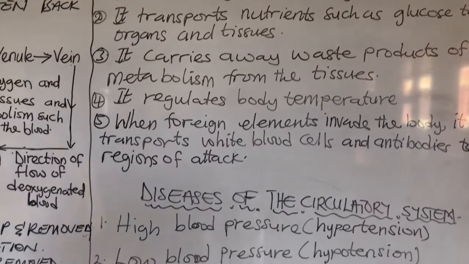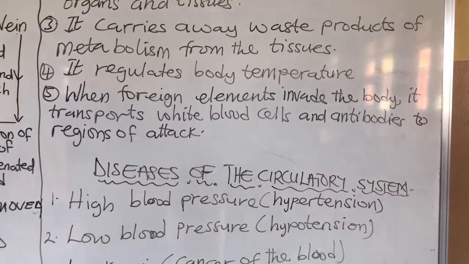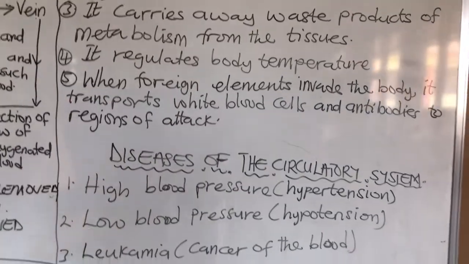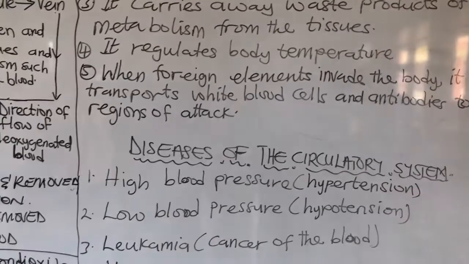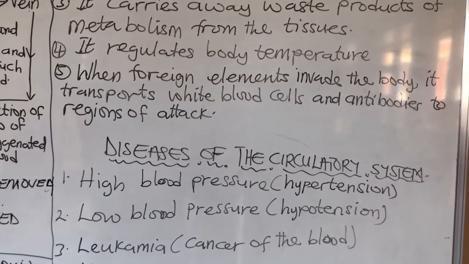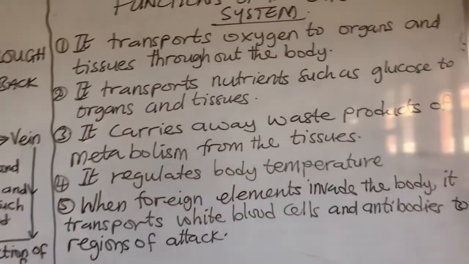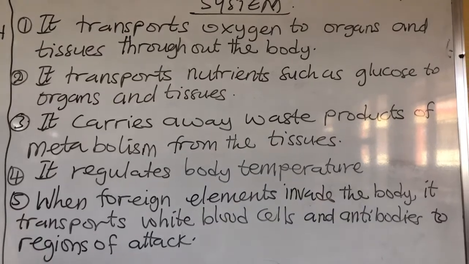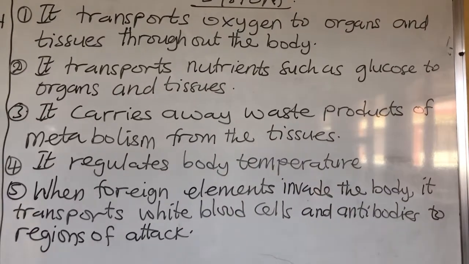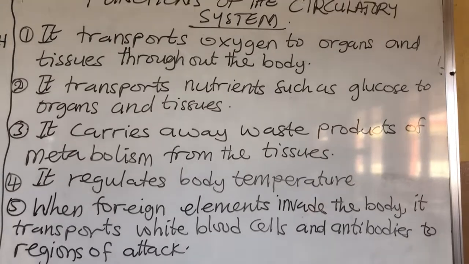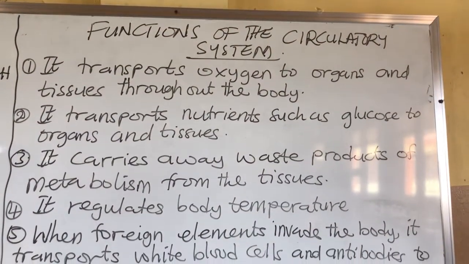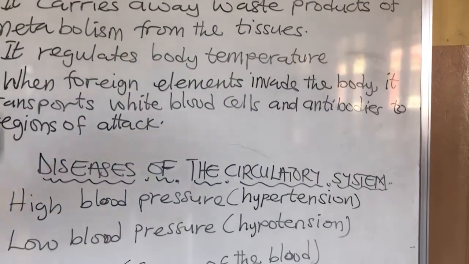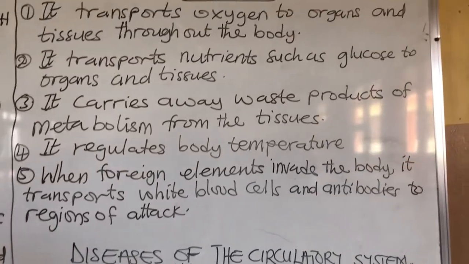And the last one here is that when foreign elements invade or attack the body, the circulatory system transports white blood cells and antibodies to regions of attack so that they can fight against those bacteria or those germs that infect the body. So these are the functions of the circulatory system.